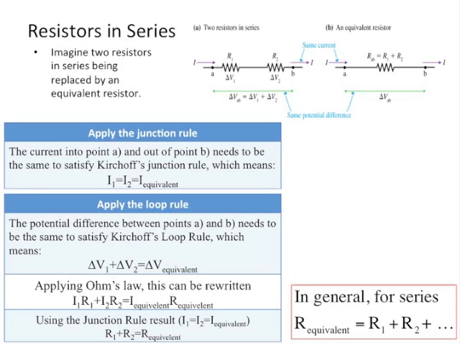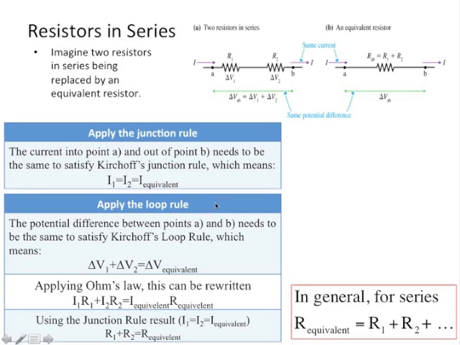We can apply Ohm's law. These are ohmic resistors. We know delta V is equal to IR, so we can substitute delta V1 as I1 R1 and so forth. Then we use the junction rule result, which said I1 equals I2 equals I equivalent, so those are all the same, and we essentially get the rule that R1 plus R2 is equal to R equivalent.